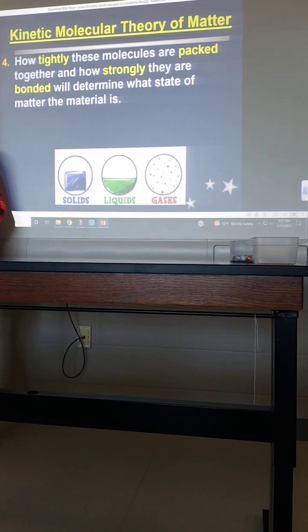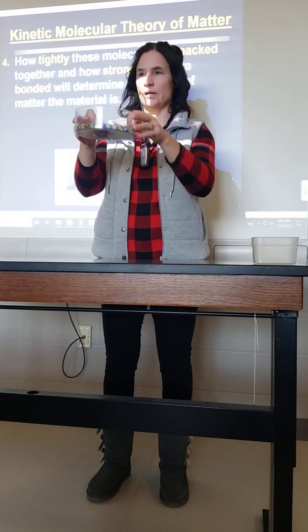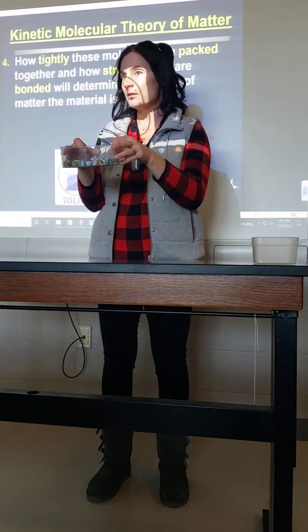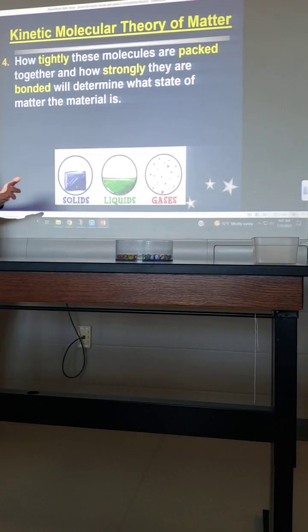That's one big idea, right? So how close are they? Well, they're packed in here pretty tight. That's what makes these symbolize our solid, right? When they have more space between them, liquid, even more space, that's symbolizing our gas, okay?